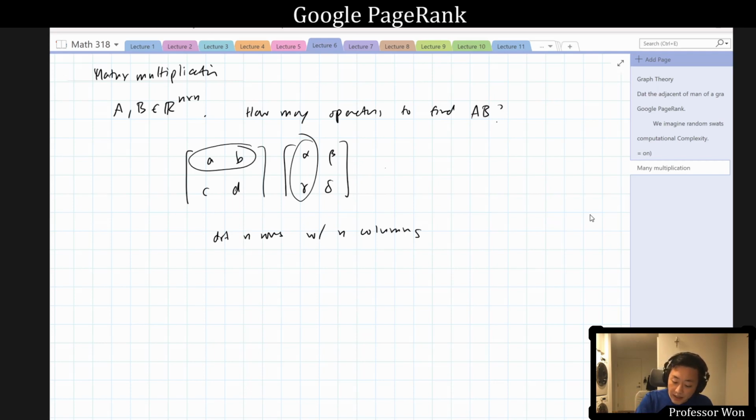So to find the product takes roughly O of n cubed if you're doing it via the method that you learn in 308, the method that all of us do by hand.